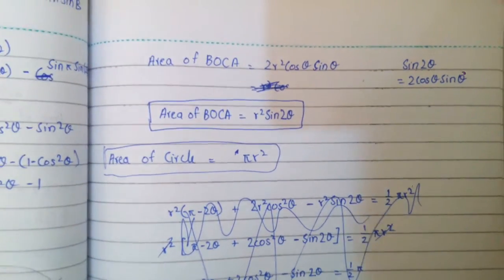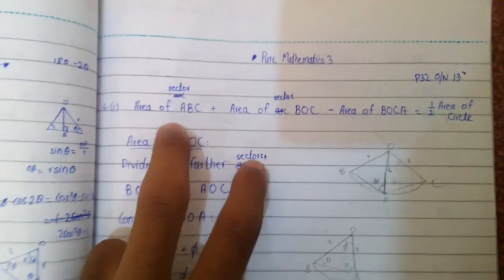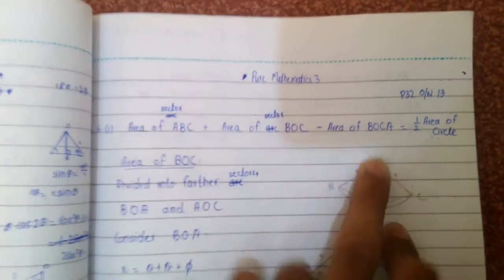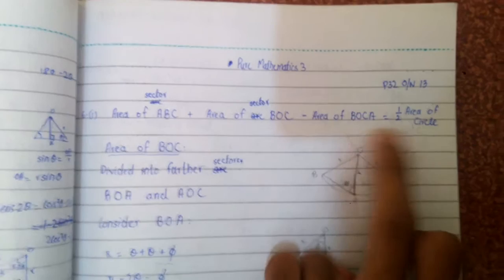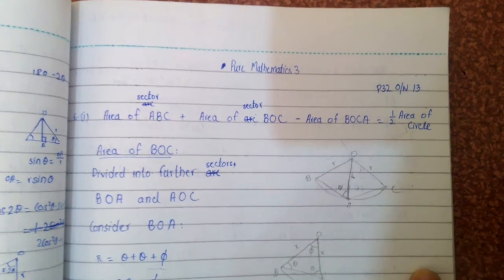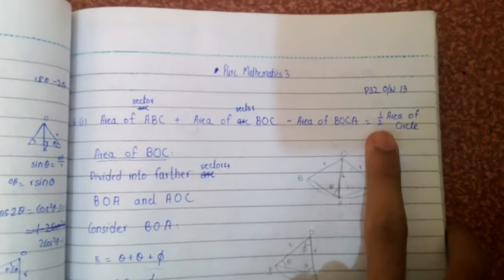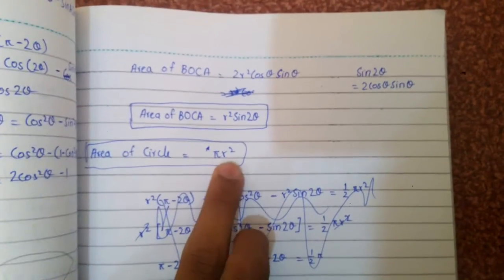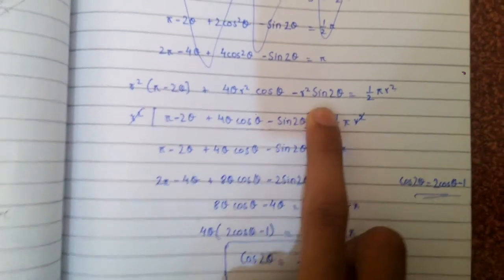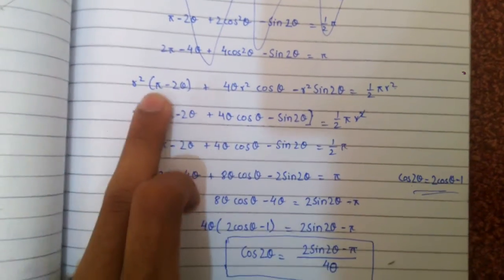Now we have found the areas of both the sectors ABC and BOC, and we know the area of BOCA. All we have to do is equate them to half the area of the circle. The area of the circle is pi R square. So we simply substitute all the areas, and we finally get this.